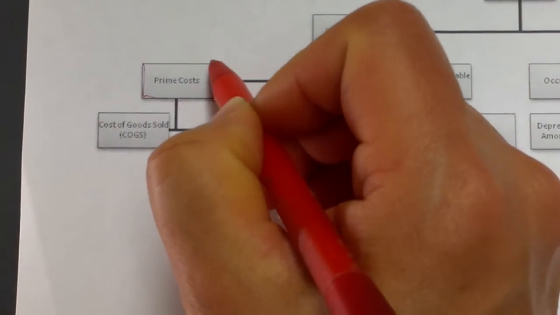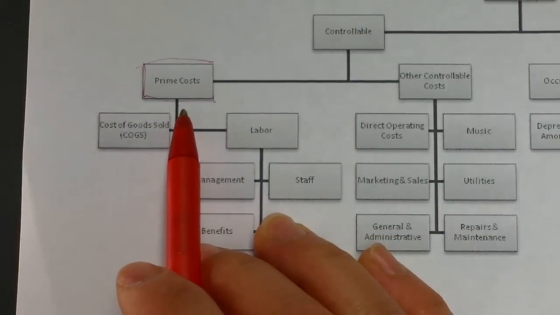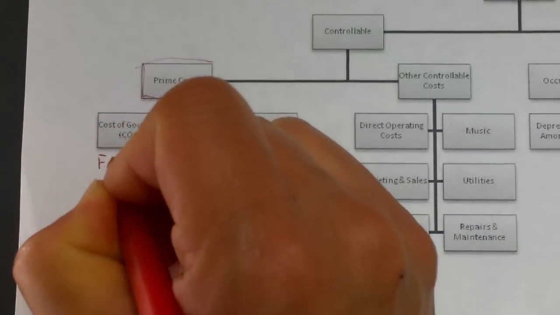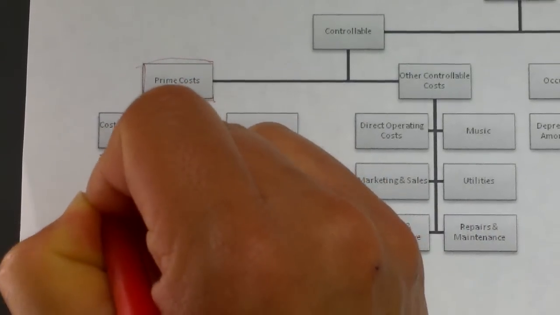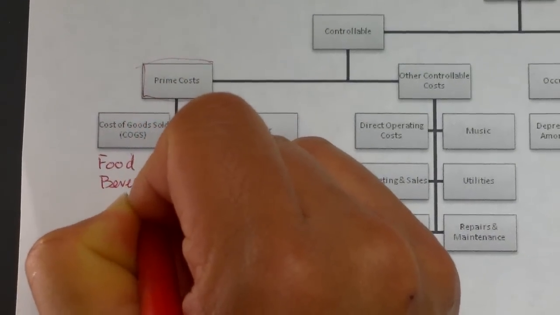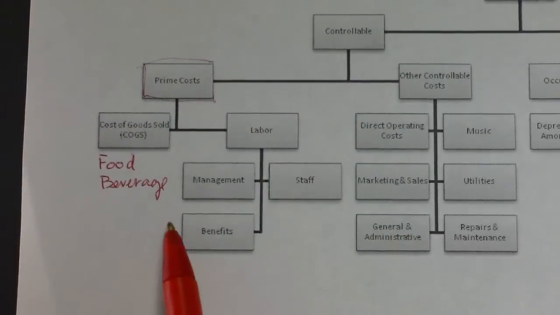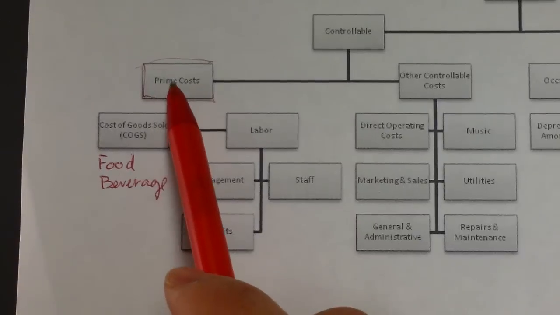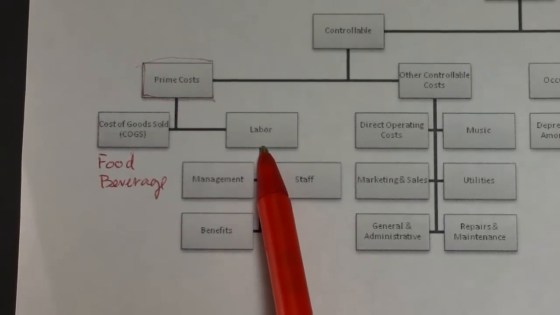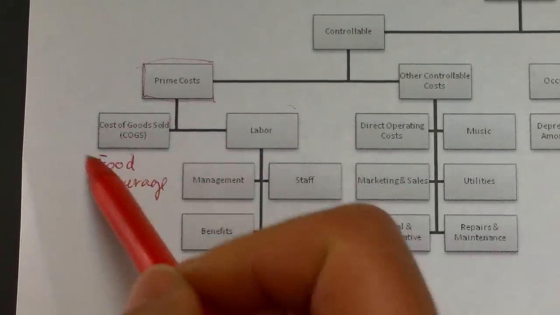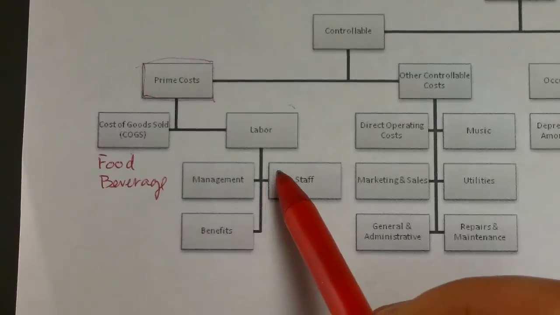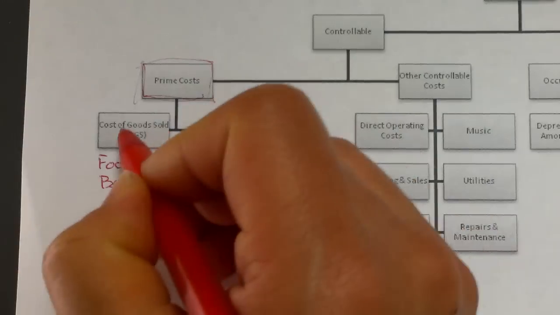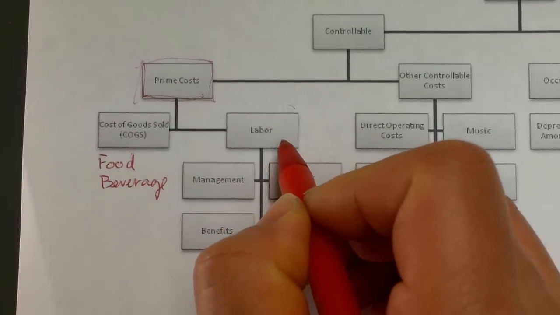Prime costs are the most important costs to the manager, and that starts off with cost of goods sold. For Chipotle, it's probably food and beverage expenses, because presumably the day-to-day manager can control those. The day-to-day manager can also control labor. These are probably the two biggest expenses that restaurants will have, and that's why they're called the prime costs. Prime costs are just cost of goods sold plus labor.